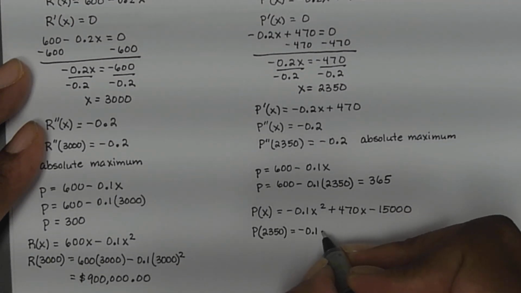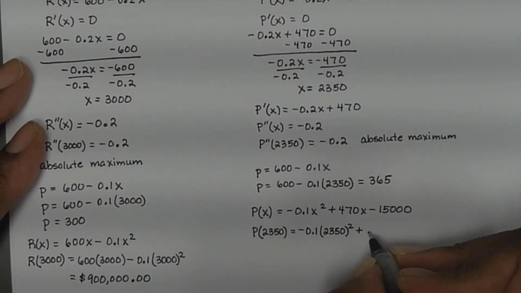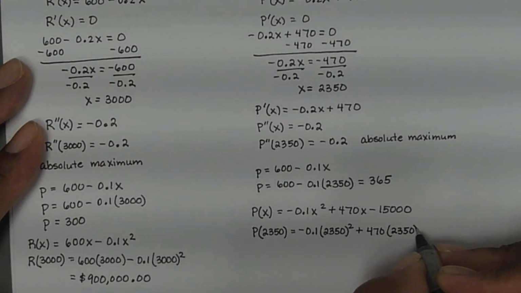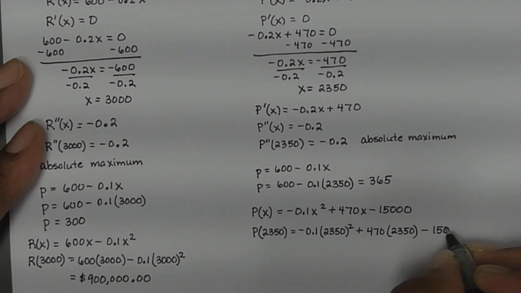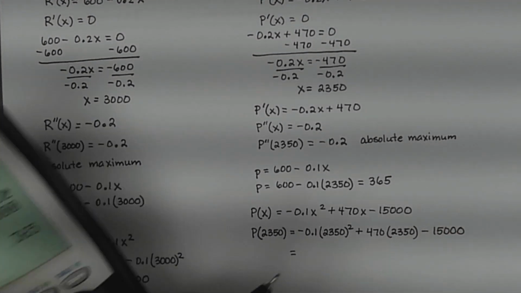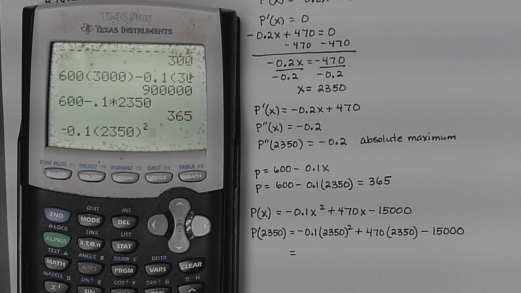So I have negative 0.1 times 2,350, and that's squared, plus 470 times 2,350 minus 15,000.